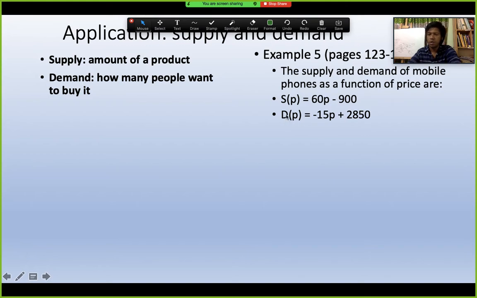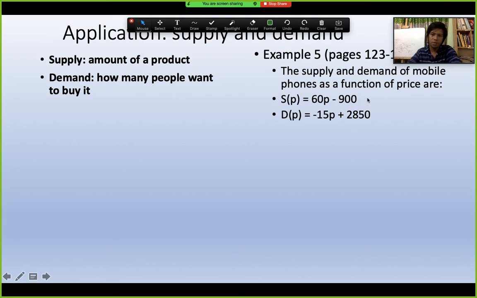Let's write here m equals this and n equals this, just two different equations. This is the supply function, this is the demand function. This is a model from a real life situation, like how this 60 and 900 come. It could be like 40 and 300 also, depending on the real life situation.